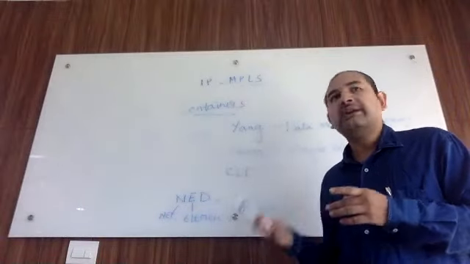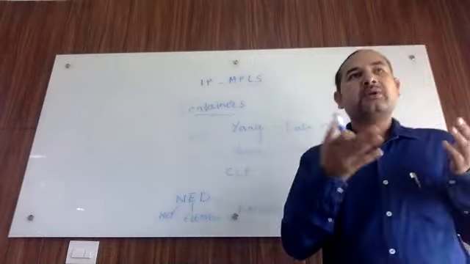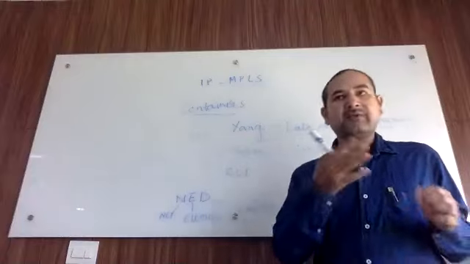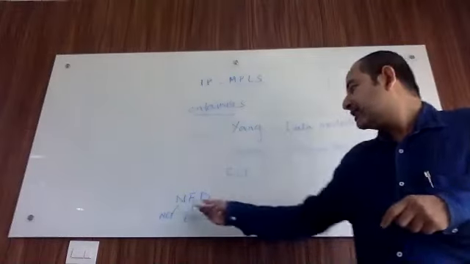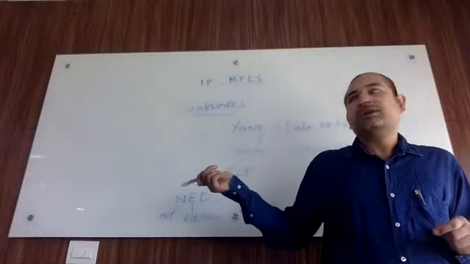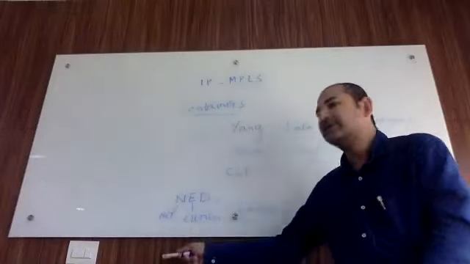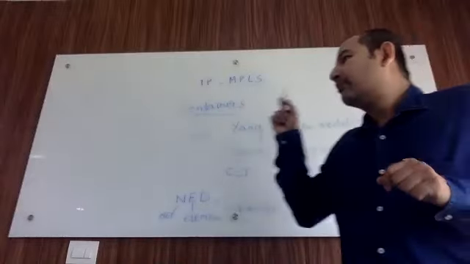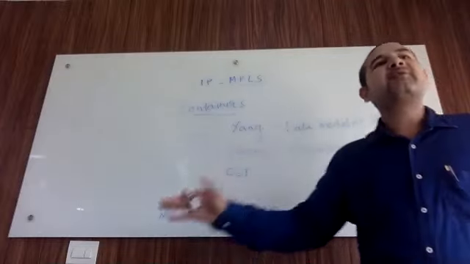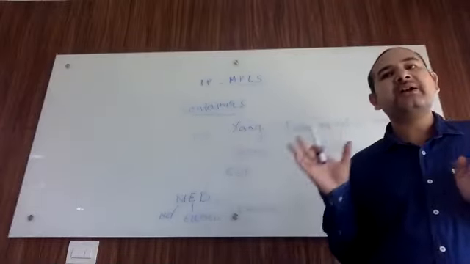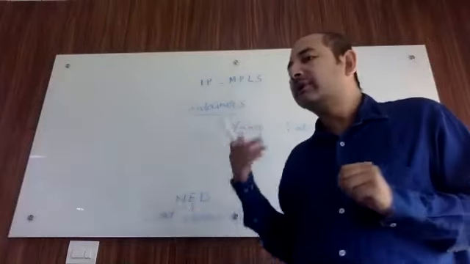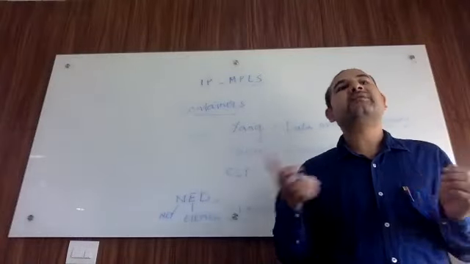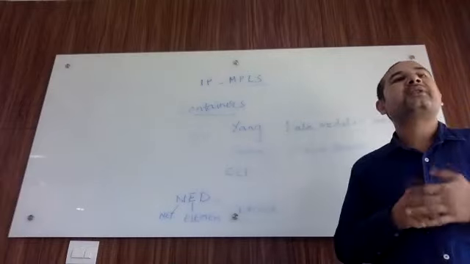If you have 3 vendor devices, Juniper, Cisco, Alcatel, you will use 3 NEDs, one for Juniper, one for Alcatel, one for Cisco, and this NED will convert your generic configuration to device-specific configuration and push it towards the device. The service will be modeled in YANG irrespective of devices, because the service has standard parameters. Variables are the same for all the vendors, but how you write the configuration in each of the vendors is different. So NED does that trick for us.